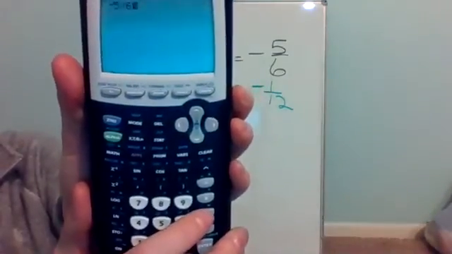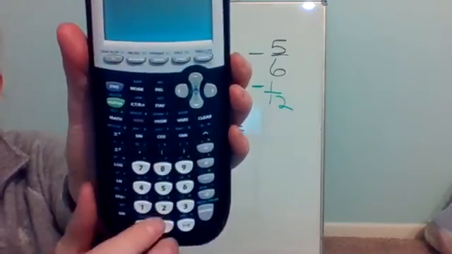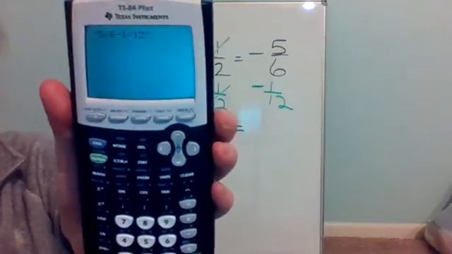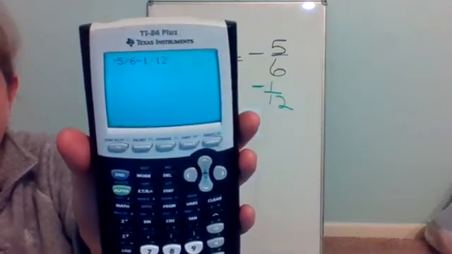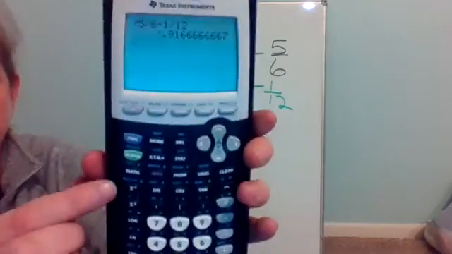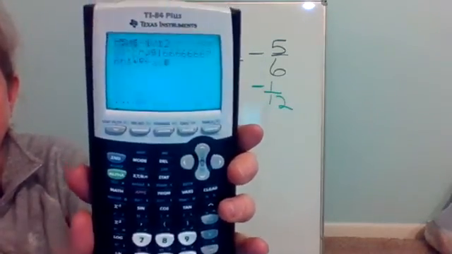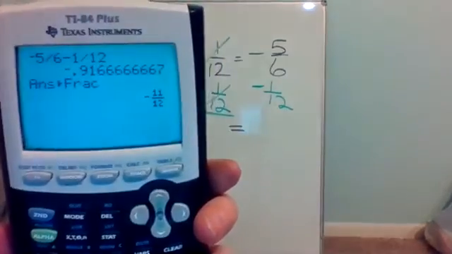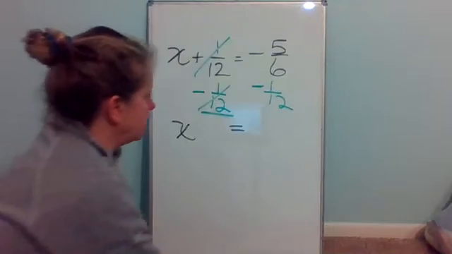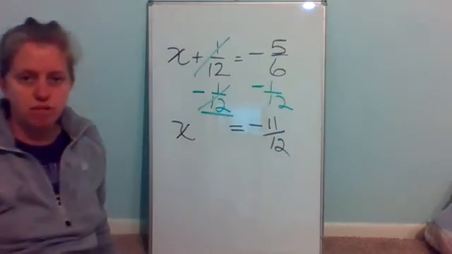So your minus button, 1/12. Okay, and I think some of y'all also know how to do that other fraction way, which is completely fine. Hit enter. Remember, if you get a crazy decimal, just hit math, enter for that to get your answer, which would be -11/12. So the calculator does all of that hard fraction work for you.